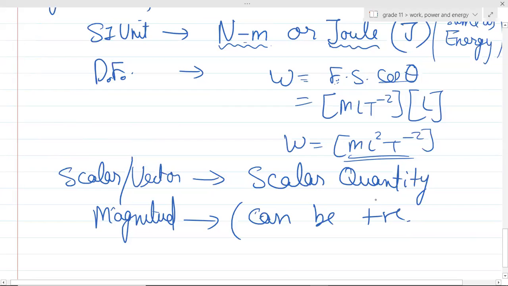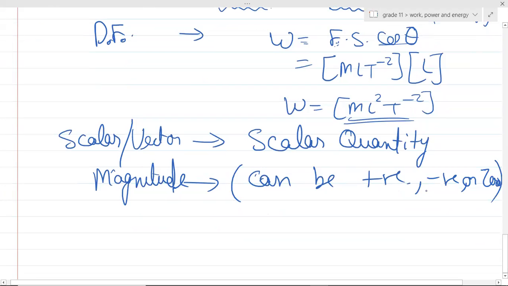Please remember the magnitude of the work can be positive, negative, or zero. So don't be surprised if work comes negative. Even your electric charge is negative, right? And I have already told you that there are lots of scalar quantities which are negative.